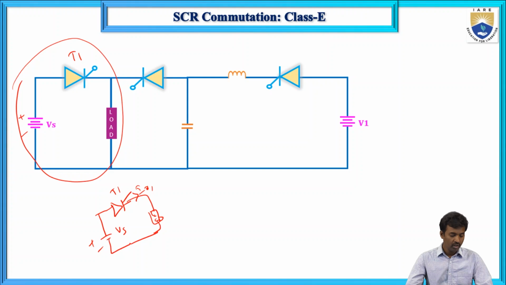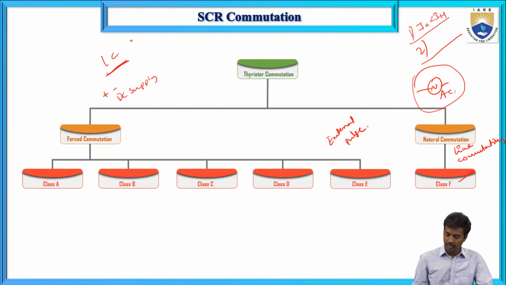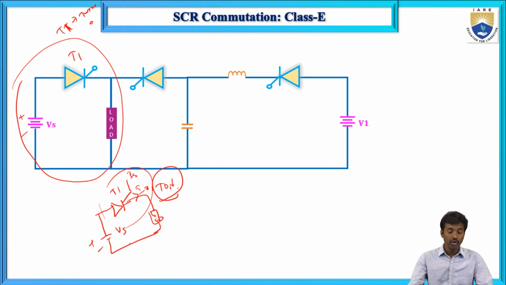We have given positive supply to the anode and cathode, and we give the gate pulse, and the thyristor is turned on. So turn-on is okay. Now our job is to turn off T1. To turn off T1, external components are required for forced commutation.